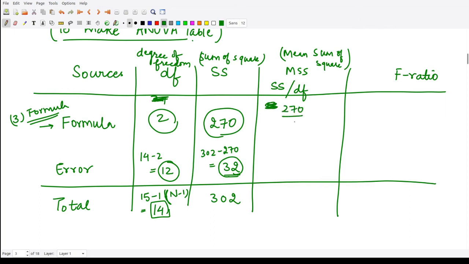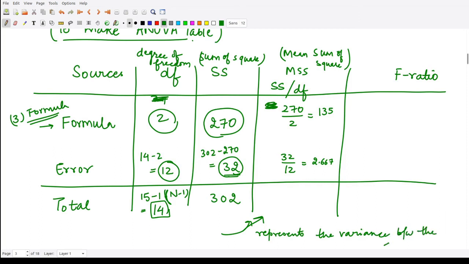The value of degrees of freedom is 2. So you obtain this value to be 135. And in this case, the value is 32. You divide that by 12. You get the value as 2.667. So this column represents the variance between the samples.